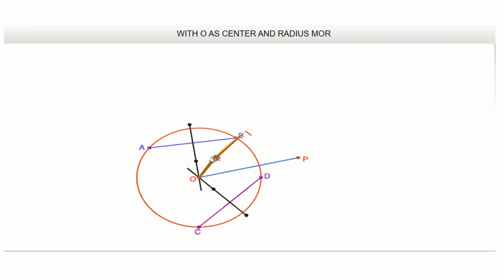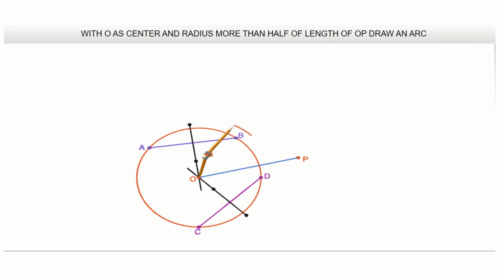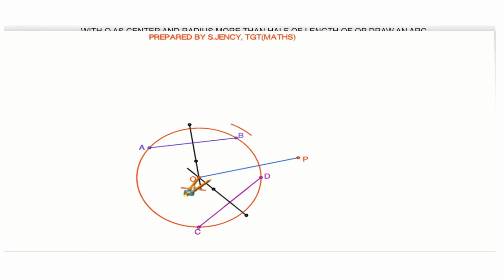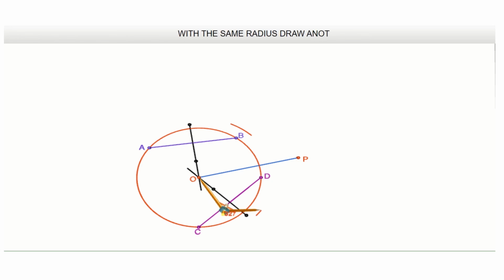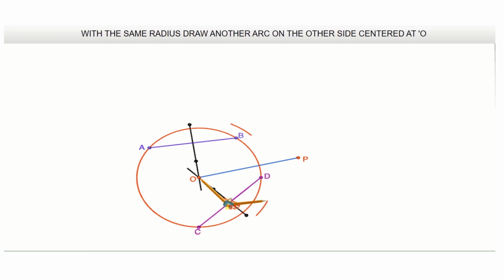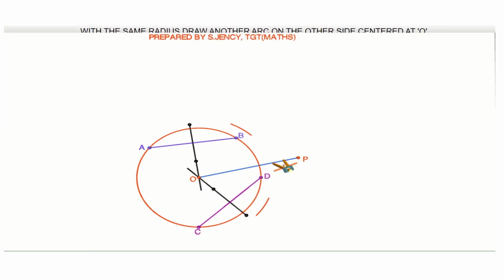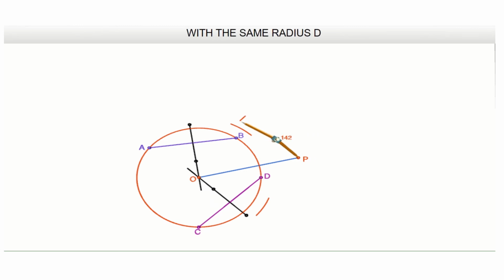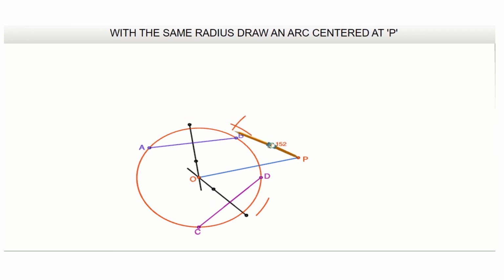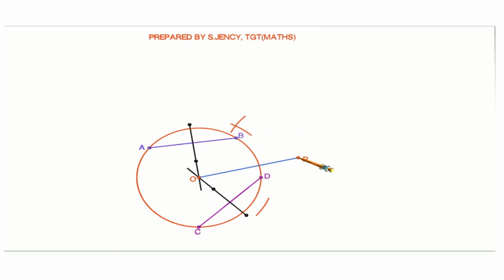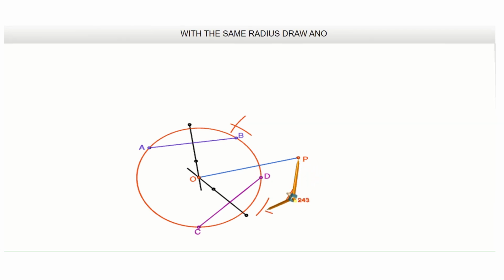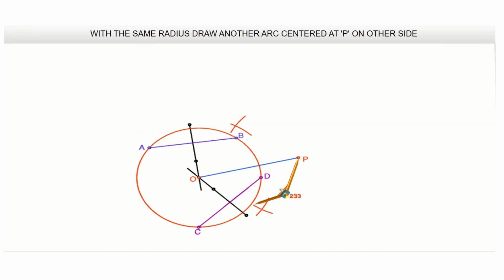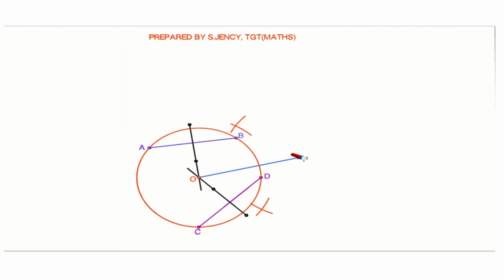From O, more than half of the length, I am going to draw, which means a perpendicular bisector to the line segment OP. Again from P. And I am going to mark the point of intersection.